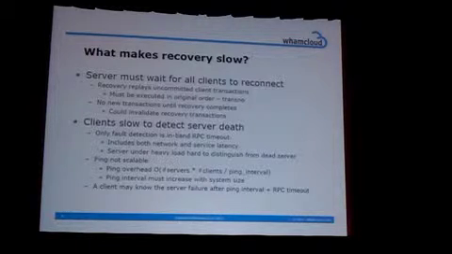At one of our customer sites, PING RPCs can consume 20% of the network bandwidth. The only way to solve this problem is to increase your PING interval. Because of this, a client may learn of the server failure only after the PING interval plus the RPC timeout. So this is quite a long time, mostly 10 minutes or 20 minutes.